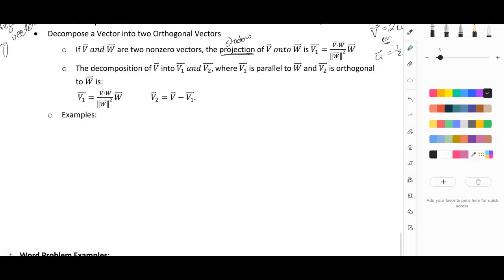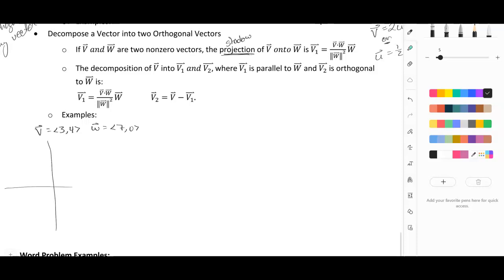So I want to do a really simple example here. Suppose vector v is the vector 3, 4, and vector w is the vector 7, 0.